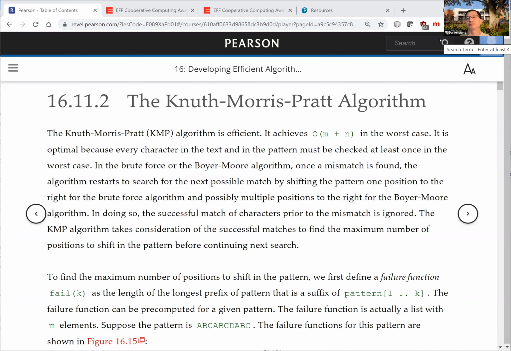In the previous two videos, we introduced the brute force algorithm and the Boyer-Moore algorithm. Brute force slides the pattern only one position at a time to compare with the text.